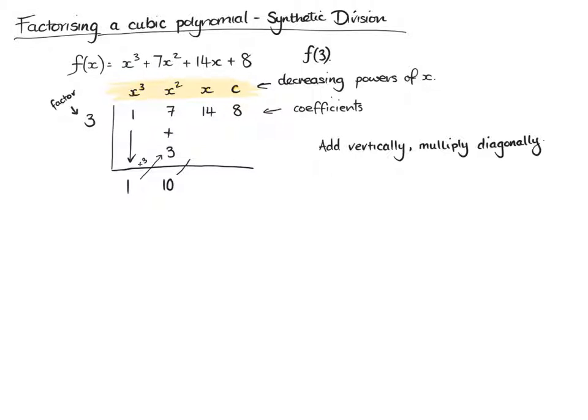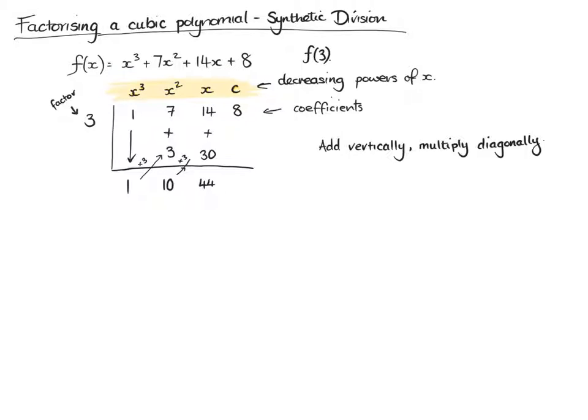Okay, then I need to move that over and times it by 3, times it by the number that you've got as the number you're putting into your function. Okay, so then we've got 10 times 3, so we have 30. Then when we're going vertically, we need to add, so we get 44.